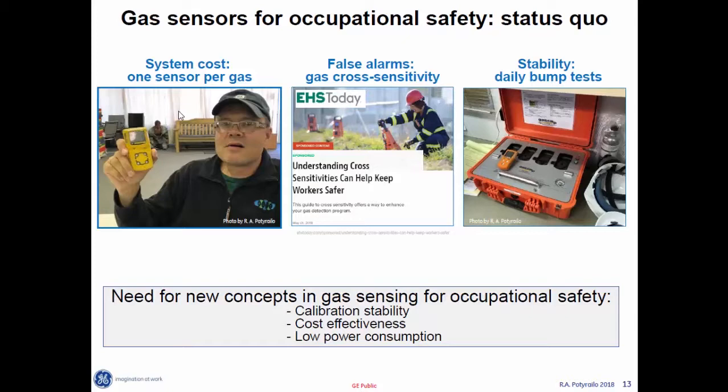They're so not stable that your ritual in the morning starts with bumping or calibrating, making sure that the sensor works. And if you didn't do that, then it's not good for your job security. So you do it every morning before you go outside.